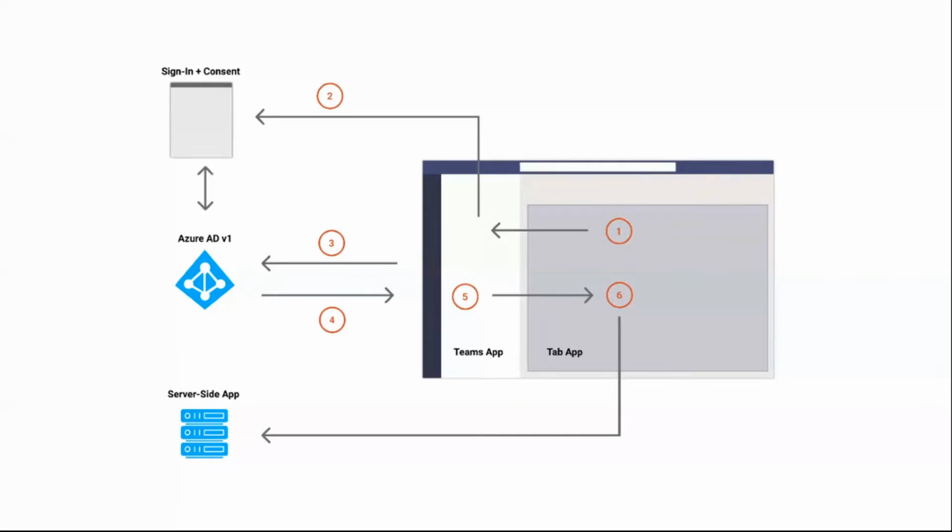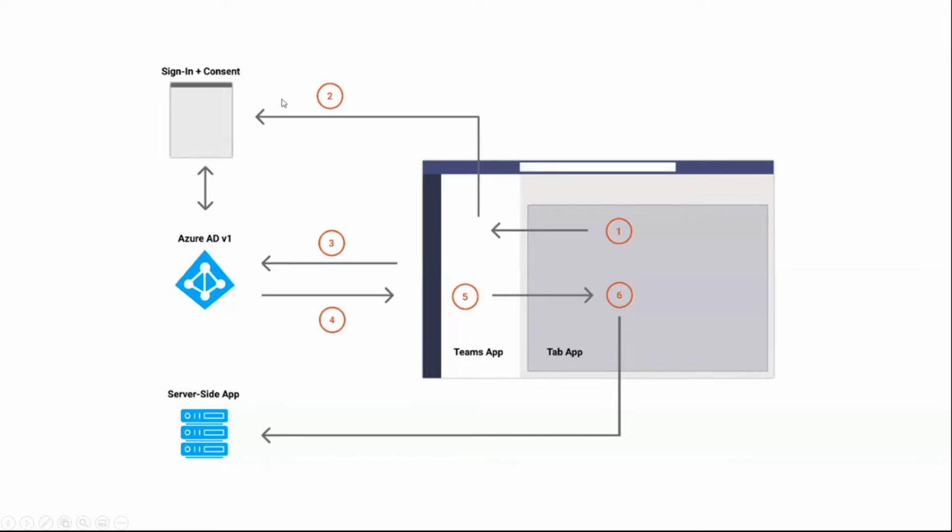For anyone who's familiar with OAuth, they should be pretty familiar with this experience. What's not shown in this diagram is that the Tab app has to go into Azure AD and approve the Teams app as a trusted client to get a token essentially on their behalf. So the Tab app is going to ask Teams, say, Teams, hey, please, can you go give me a token?